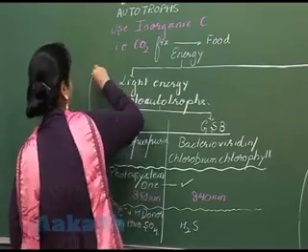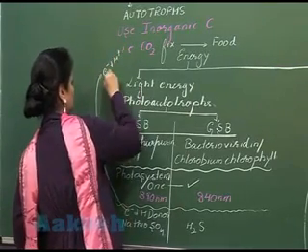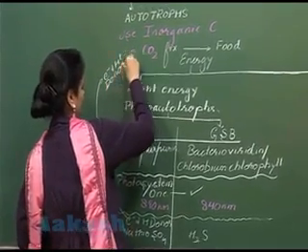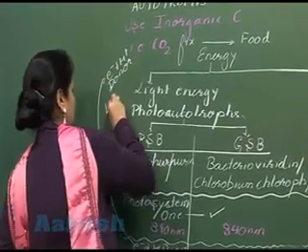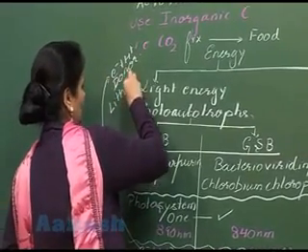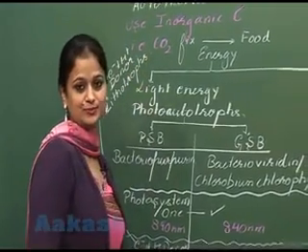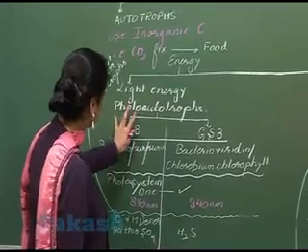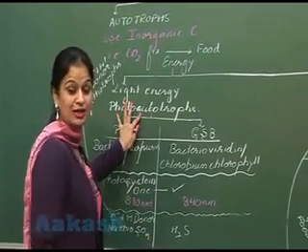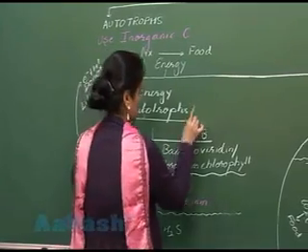So when the electron and hydrogen donors are inorganic compounds, then you call this category of bacteria as lithotrophs. So it means we can say that photoautotrophs, they are photolithoautotrophs.